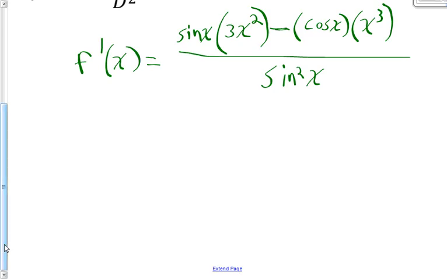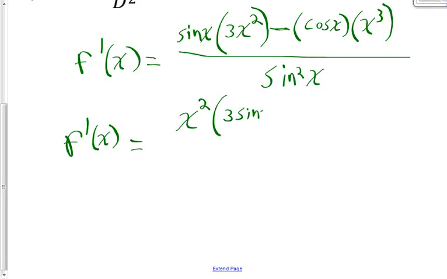All we want to do is simplify it a little bit. We want to clean it up a little bit. But that is the derivative. What I'm going to do is factor again. And looking here, I see that I have a factor of x that I can take out. So I'm going to take out the smallest power of x, which is x squared. If I take that out of the first term, I'll be left with 3 times the sine of x.